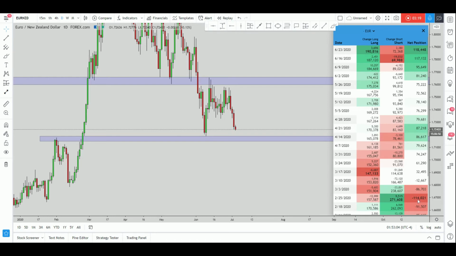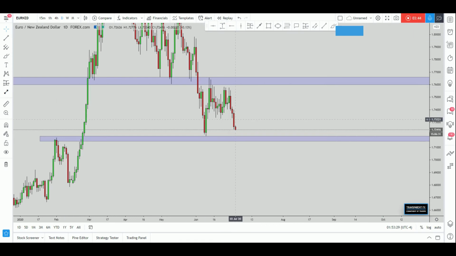So we went from having way more shorts than longs from an institutional perspective on the euro to having way more longs than shorts, with 190k longs and 72k shorts, with 3.6k longs added with the last report.